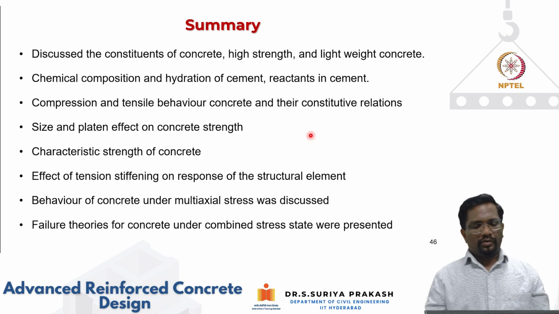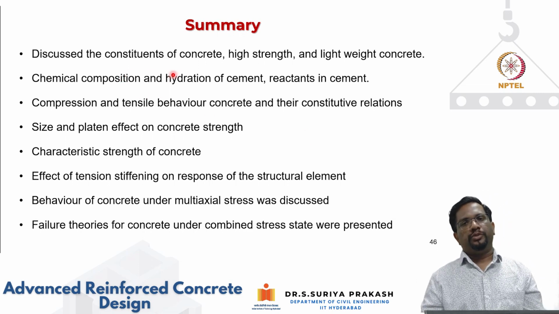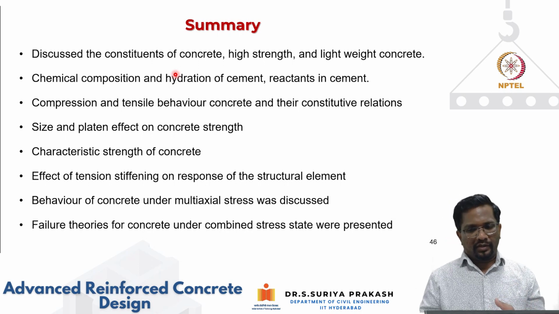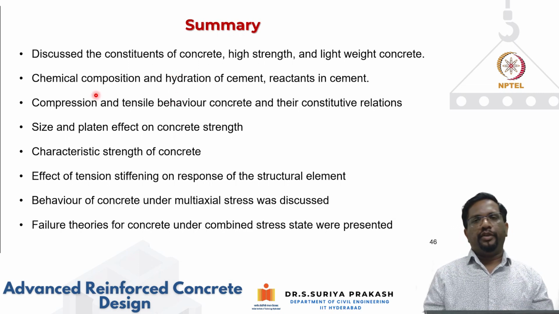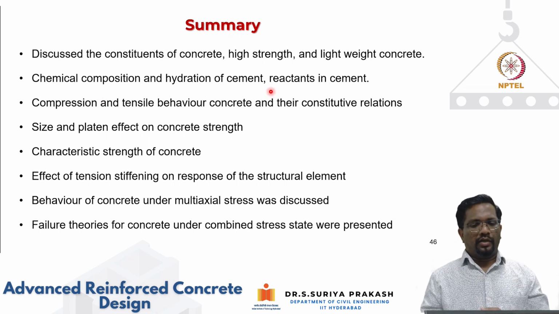So to summarize this module, we discussed different constituents of concrete, the difference between high strength and normal strength concrete, and the advantages of using lightweight concrete. We briefly discussed chemical composition, the hydration process, what the reactants are, and how fast different reactants are reacting.